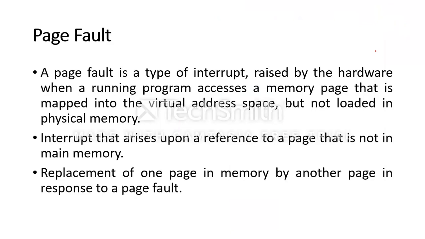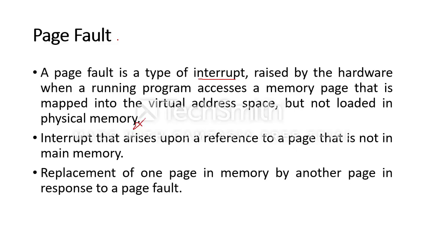So page fault, like I said, is more like an interrupt that is raised by your hardware when a running program accesses a memory page that is mapped into your logical address space, the virtual space, right? But if you check on the physical memory, you cannot find it there. Then it will prompt you with an interrupt. An interrupt is simply more like a signal for attention, right?